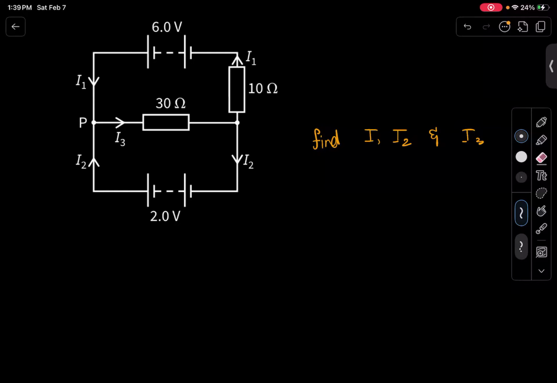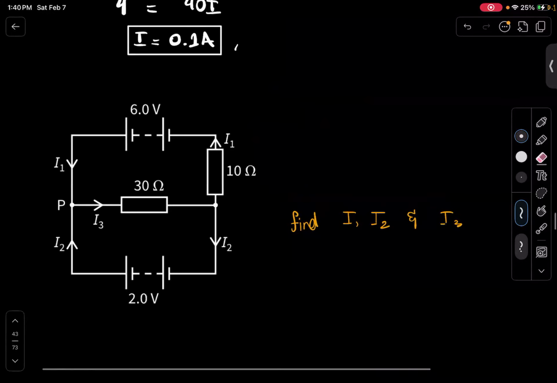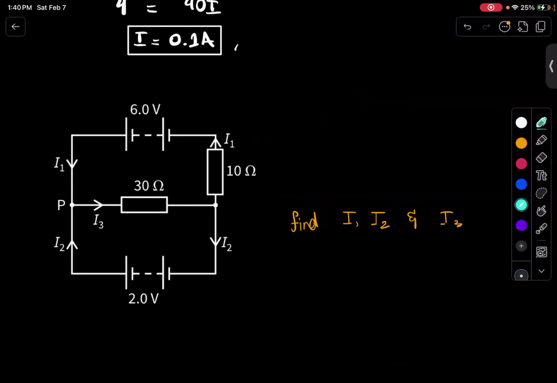I'm still thinking. I'm not sure if I'm correct, but would I1 be 0.15, I2 be 0.067, and I3 be 0.217? I'm not sure though. I don't know. Maybe, but I don't think so. What about you, Anya? Any idea? No, I'm completely lost.